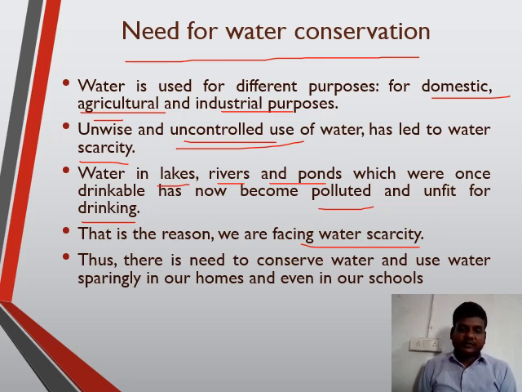That's why we need to conserve the water. Thus, there is a need to conserve water, use water wisely, especially in our home, even our school. We also need to use less water for our purposes because fresh water is limited.